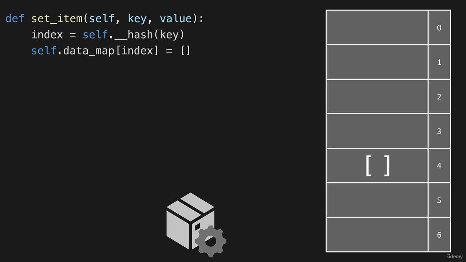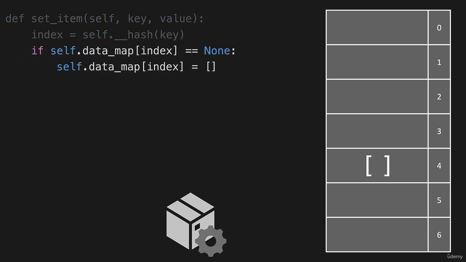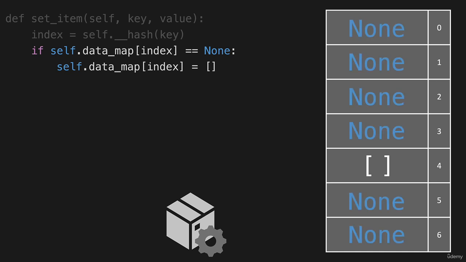This is something that we only want to do if that empty list has not already been created. So we'll create an if statement here above this to say if at that address, if it is equal to none. See, all of the addresses are initialized to none. And if it is none, we need to initialize this with that empty list.